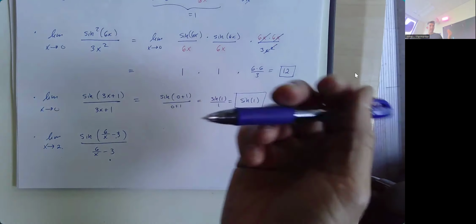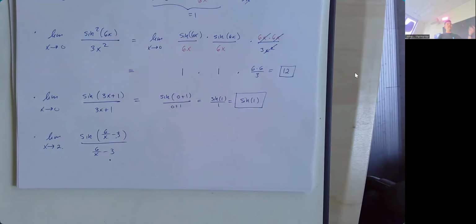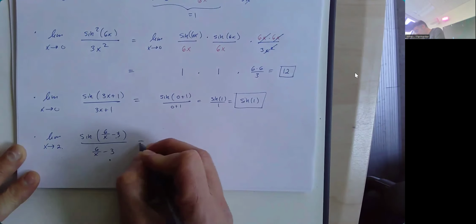So yeah, this limit meets the conditions. I have sine of a thing over the same thing, and that thing is getting closer and closer and closer to 0. So this limit is in fact 1.